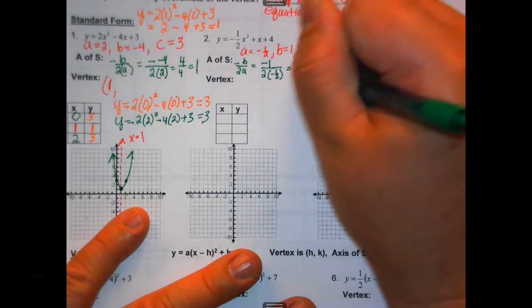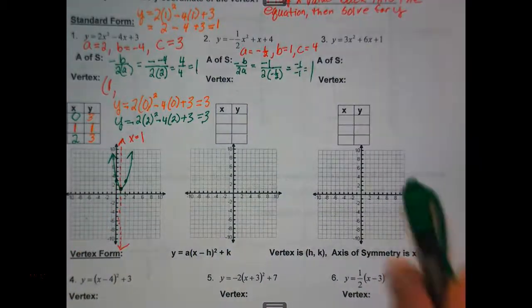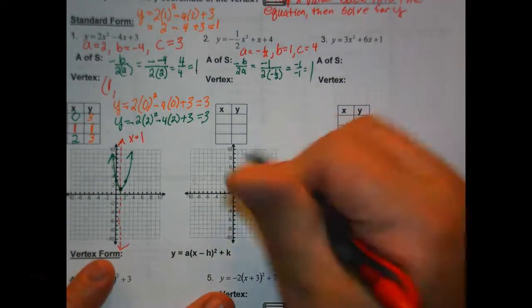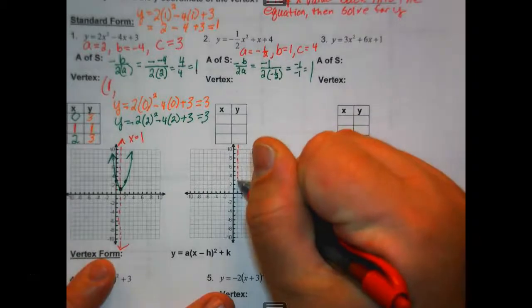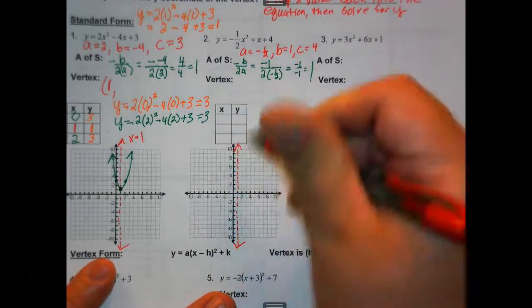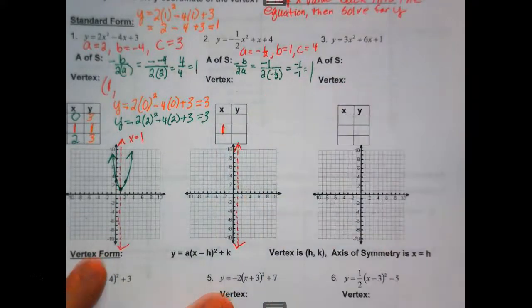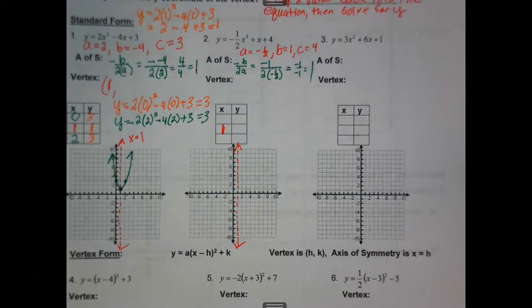Negative 1 over negative 1, which is 1. Okay, so that's my axis of symmetry, x equals 1. It's also the x-coordinate of my vertex. All right, so we got to find y. What am I going to do?